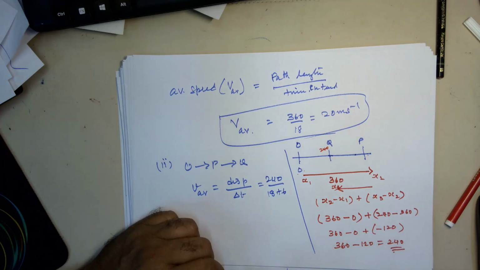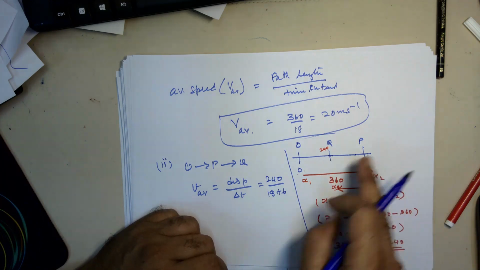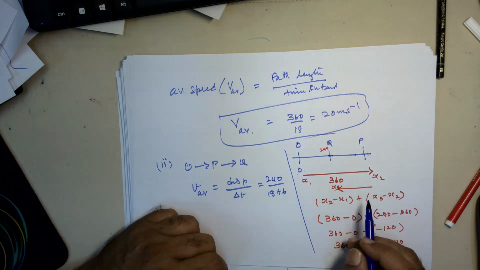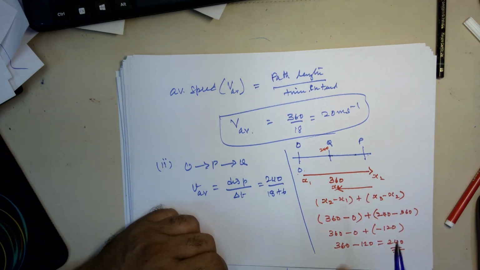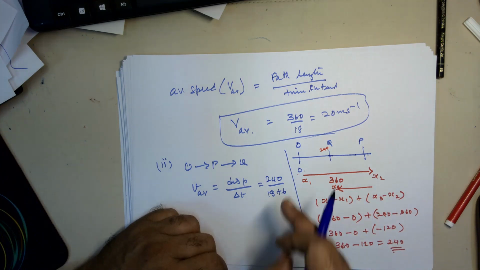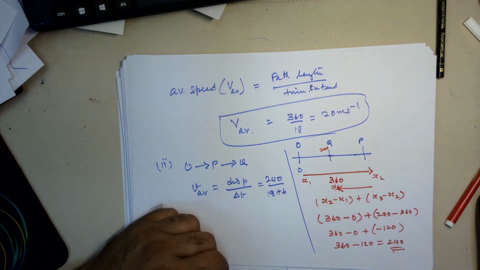So won't we subtract? Time cannot be negative. So you cannot say time is a negative one. It is given as a time interval. Do you understand? So it's already given as delta.